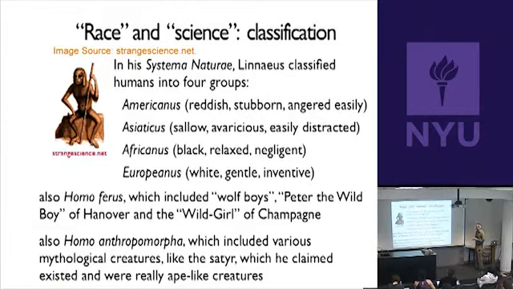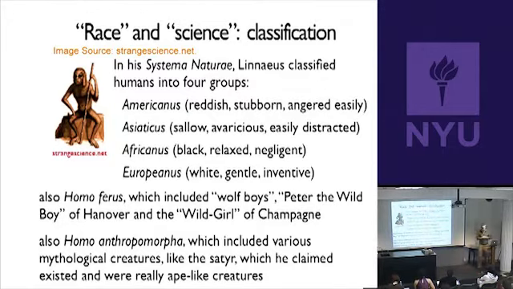For Linnaeus, it got even weirder, okay, because he classified another group of humans called Homo ferus, or wild, instead of Homo sapiens or Homo asiaticus, which included so-called wolf boys. So at the time, there were these famous cases of children who had supposedly been raised not by people, but by wolves, or out in the wild somewhere.